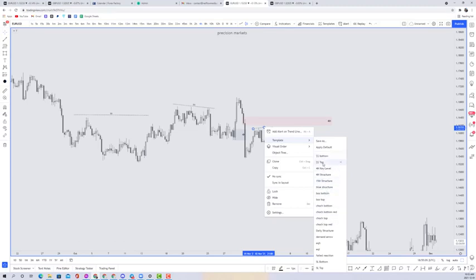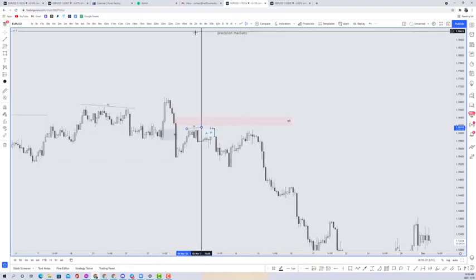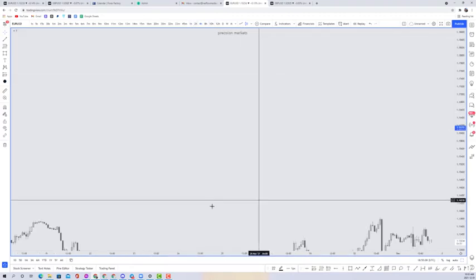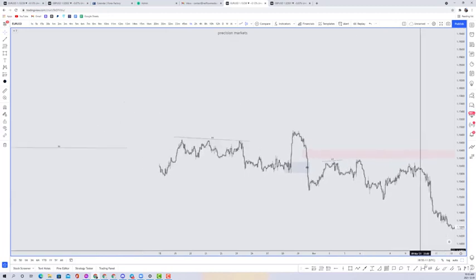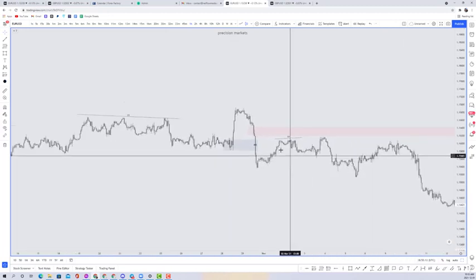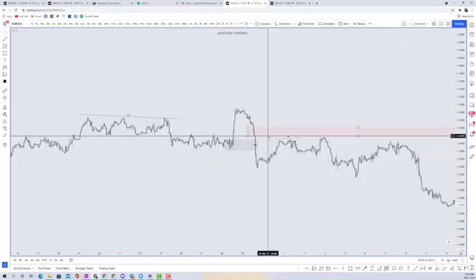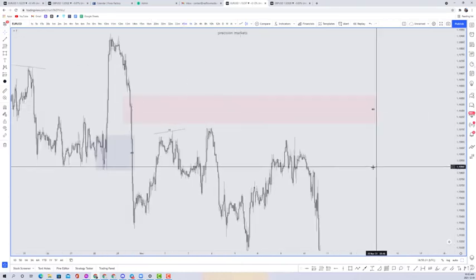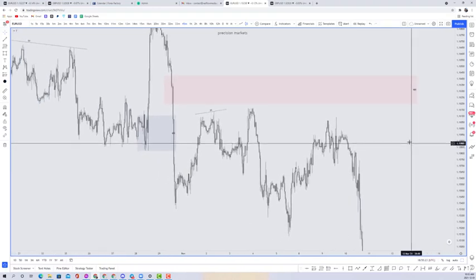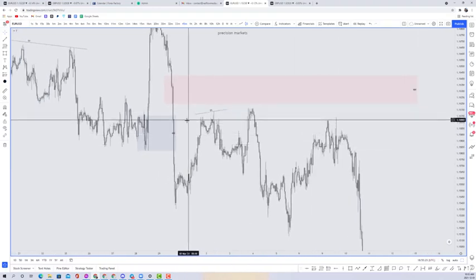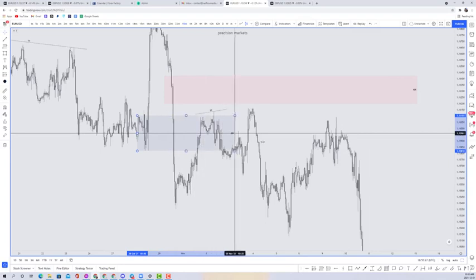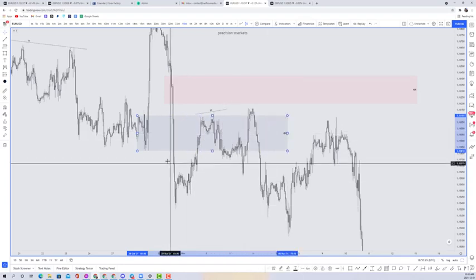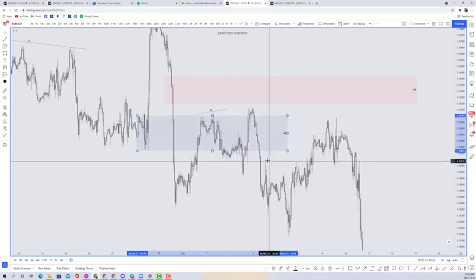Let's see. Since we're there, let's actually just check the 1 hour. So on the 1 hour, not so much. I guarantee you there's something there on some time frame. Somewhere. There it is, actually. It's our breaker block that ended up holding.